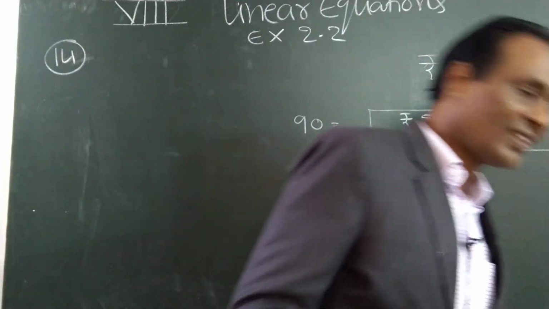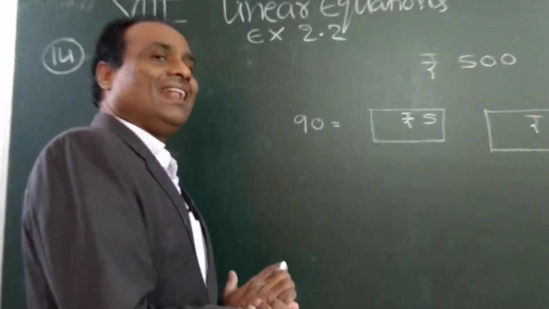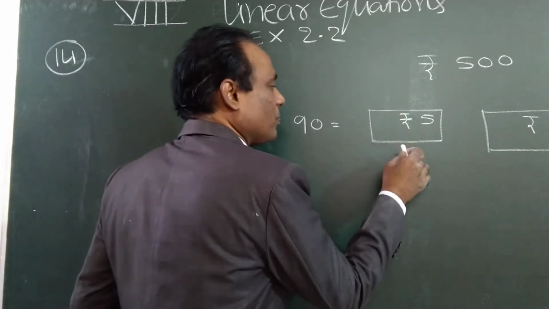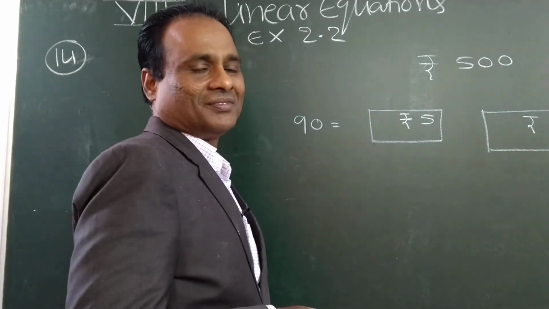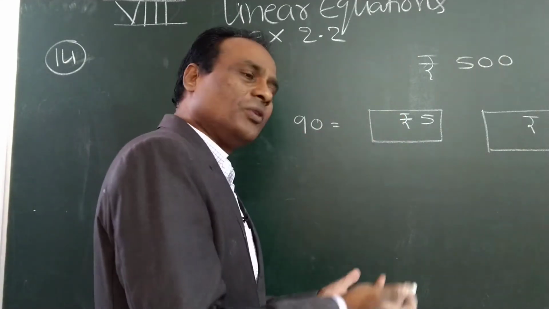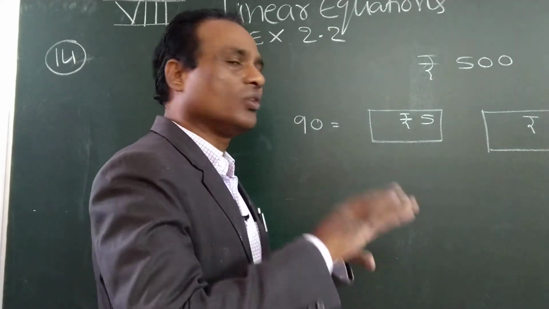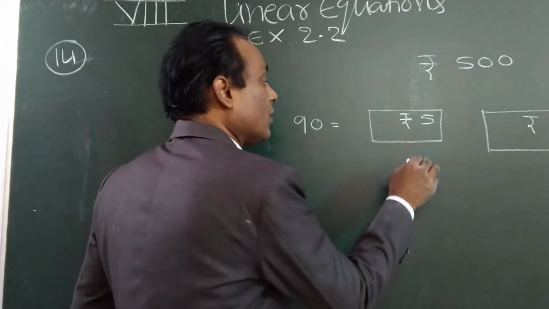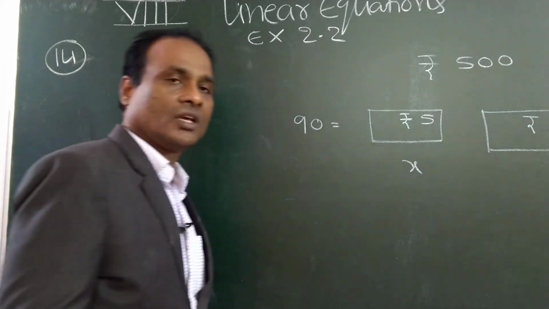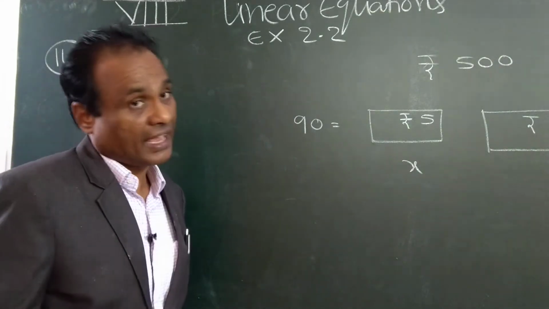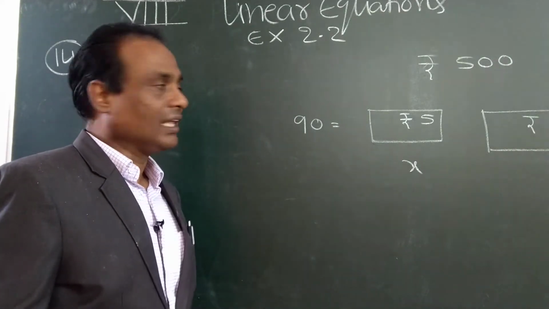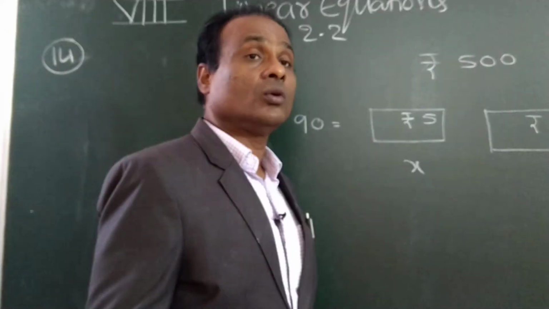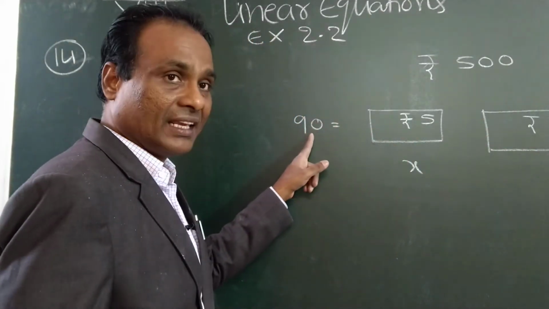See here. Let the number of 5 rupee notes be X. We don't know how many 5 rupee notes we have, how many 10 rupee notes we have. Let the 5 rupee notes be X. Then how many 10 rupee notes will we have? Because the total is 90.